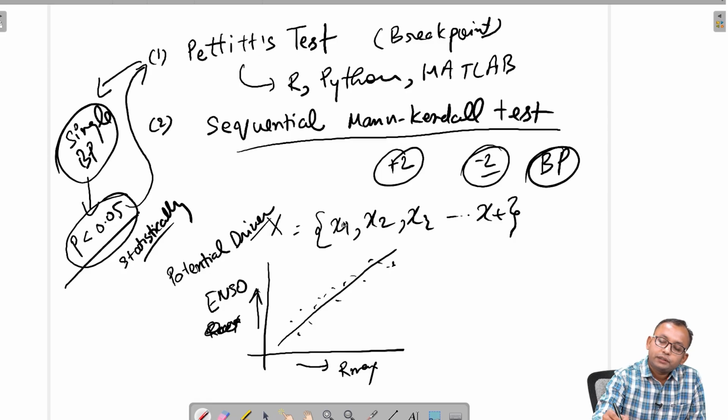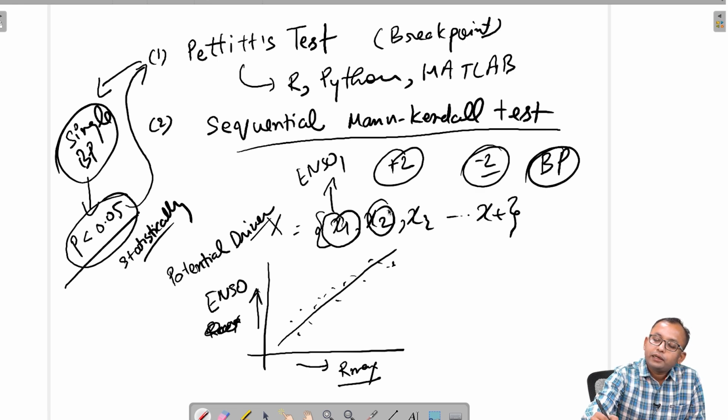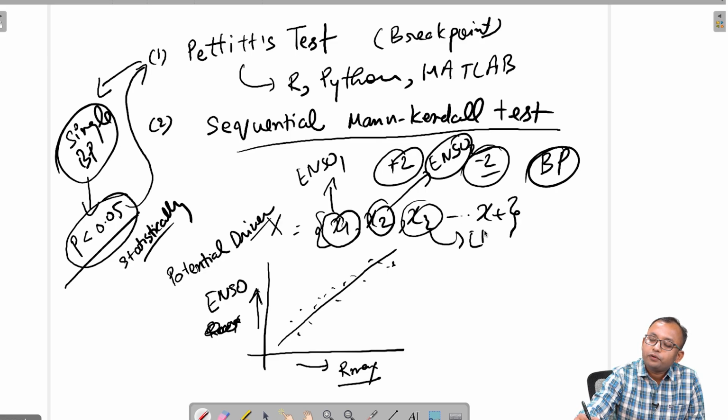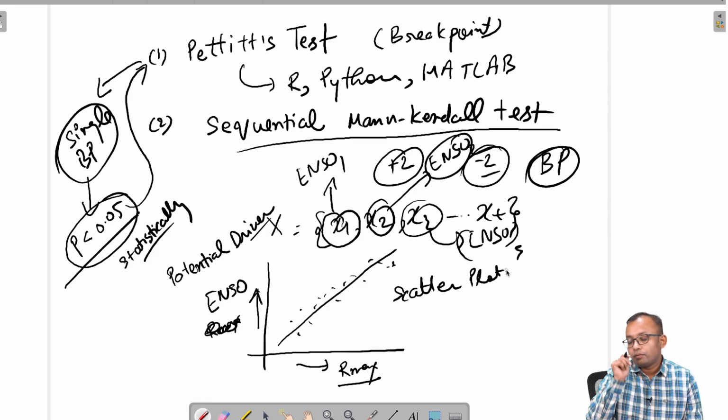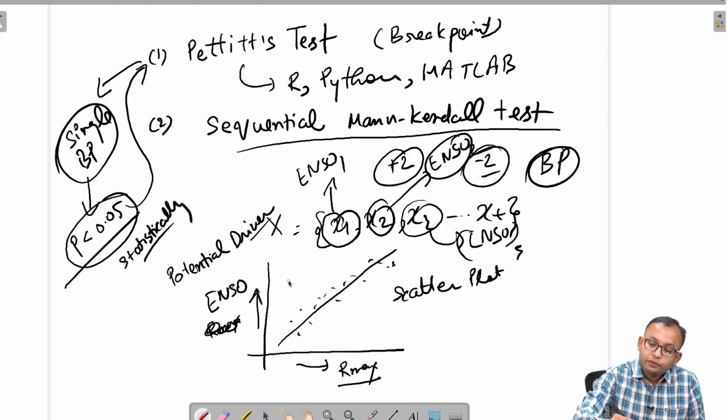So, for each year you have x1 which is R max, and for the same year you have one ENSO value, and then for another year you have another ENSO value, like that. So you can extract all these values, make a scatter plot and look at the relationship between your R max value and your ENSO, and then you can calculate the correlation R square.